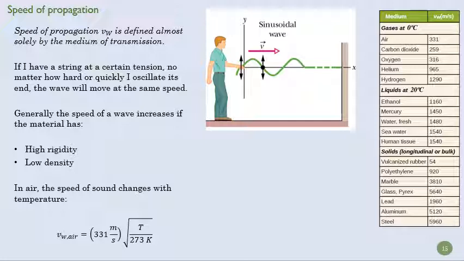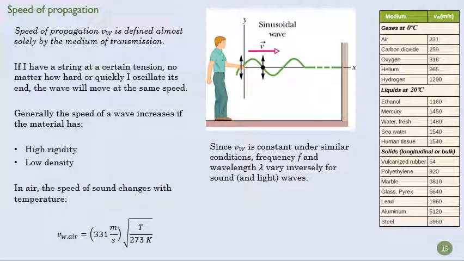Speed of propagation is interesting because it's determined almost solely by the medium of transmission. So how fast that wave is moving depends not on how hard you're shaking your string in tension. It doesn't matter how frequently you oscillate it, and the wave is going to move from left to right here at the same speed.